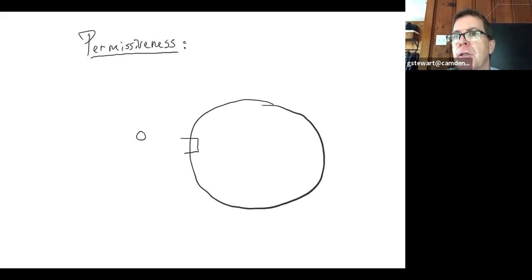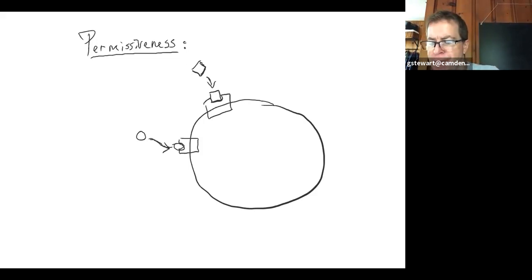Let's say it binds to its target receptor on that target cell, and it causes a minimal effect. But if this hormone, let's just say out here, make it a different shape, also binds to the target cell, it enhances the overall effect of this first hormone. That's called permissiveness. It's a combined action of two hormones to enhance an overall effect.